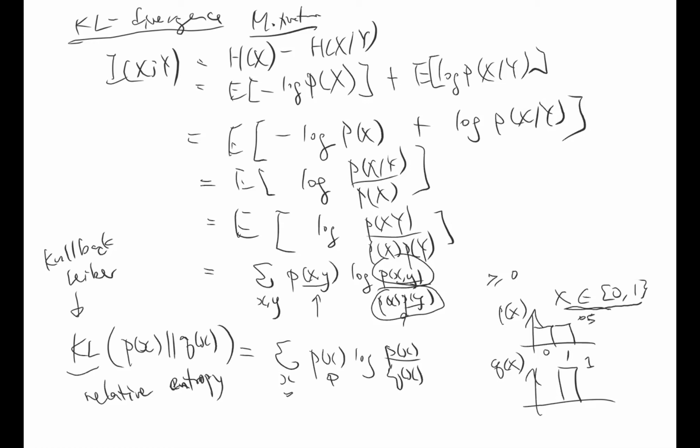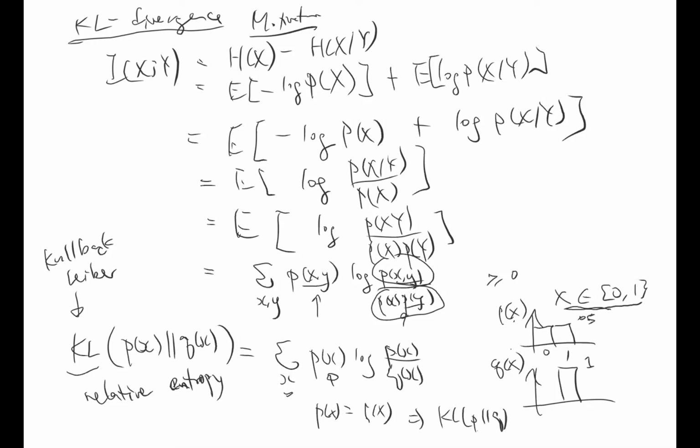Apparently if p(x) is equal to q(x), then this will be equal to 0. If both of them are uniform, then p(x) over q(x) is always equal to 1, so this will be just a sum over log 1 over the entire different x, which is just equal to 0. Then this would be KL(P, Q).